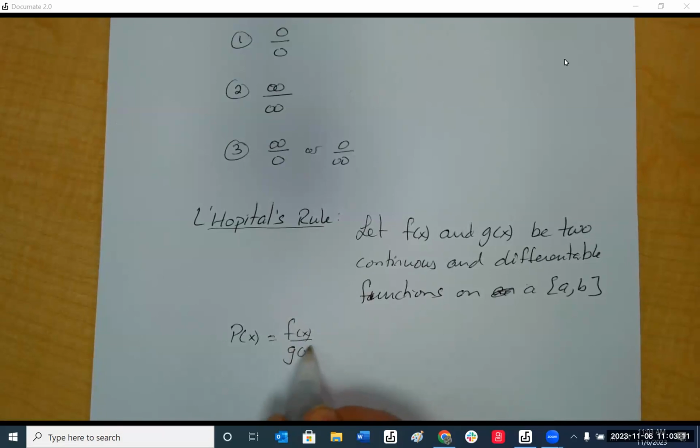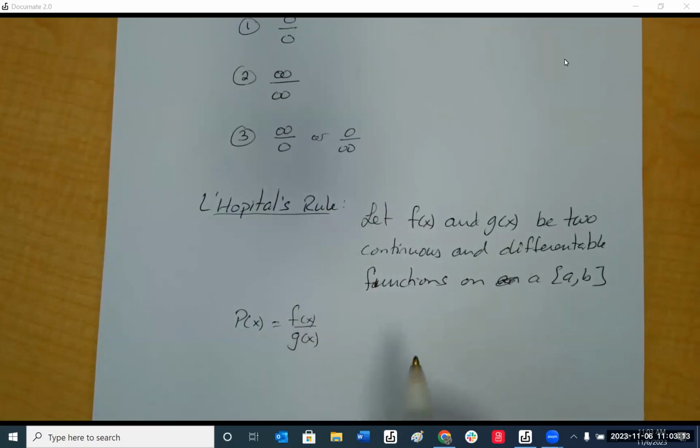The function P of x is the quotient of those 2 functions.